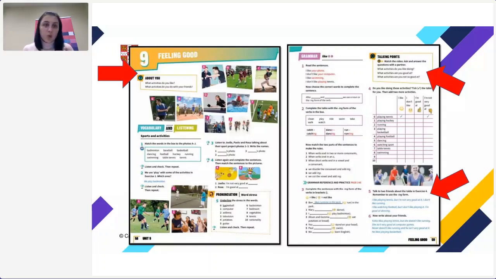So first of all, we start with speaking, then we complete some tasks, and on the next spread we already have talking points. It's at the top of the page, and at the bottom of the page we also have some questions, talk about something, so there are examples and different activities. That's the first spread.